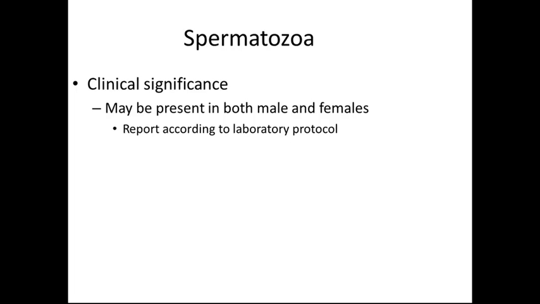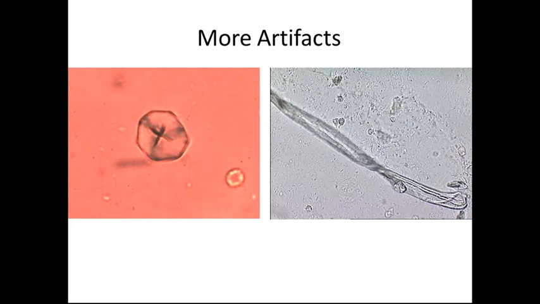Sperm, the clinical significance: it may be present in both male and female, and you should record this according to your lab protocol. And then there can also be artifacts within our slides, and a lot of times what shows up is hairs, which can look somewhat like this. You can have artifacts that don't look like much of anything.